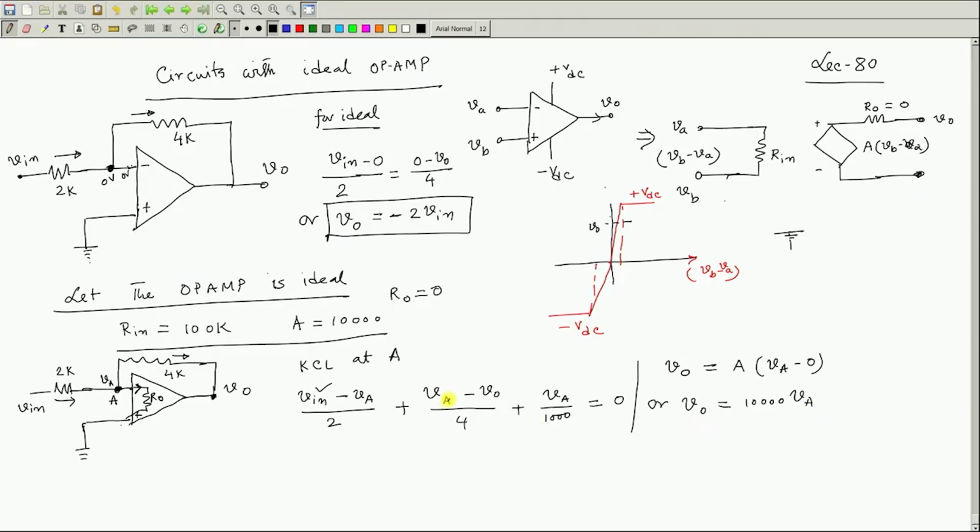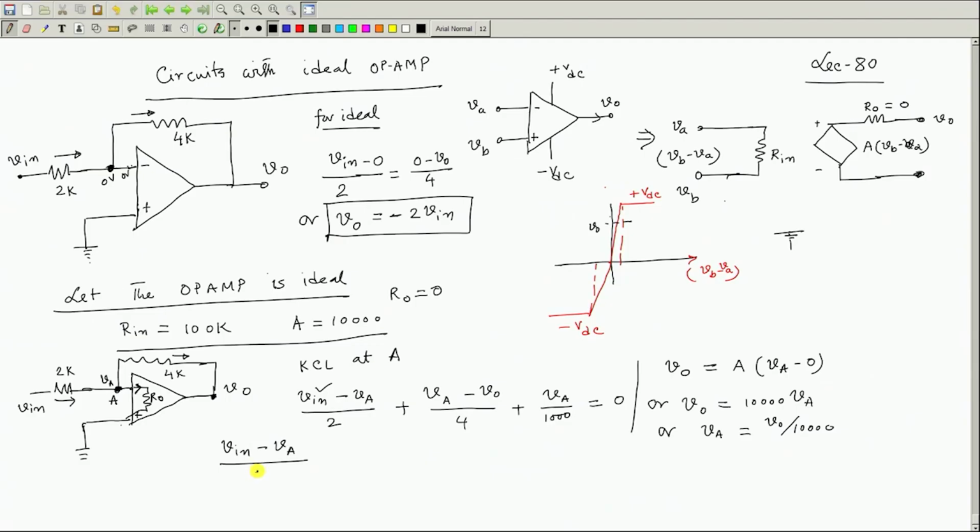Therefore, if you want to calculate VA, VA is equal to V naught by 10,000. So, I will put that in. It will become slightly more involved in calculations, nothing else.